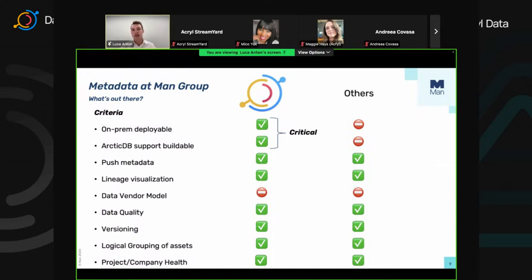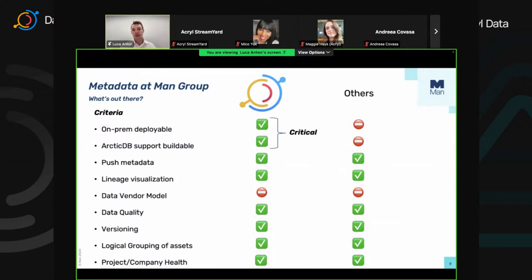And obviously because we're so focused on RTDB, we had to be able to build RTDB support into it. Now, given RTDB is built in-house, we didn't expect any catalog to have it from the get-go, but we had to be able to build it. And to be frank, none of the other catalogs that we looked at really had any of those two features. So DataHub, big plus in this regard.